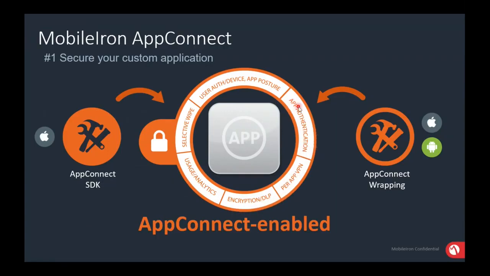When you open the app, you can enforce users to create a passcode, and only after entering the passcode can they access the application. You can also have a selective wipe for that. If your device is not compliant, when you do a selective wipe, all applications managed by MobileIron will be automatically revoked, meaning automatically uninstalled.